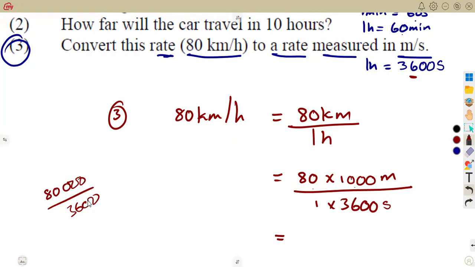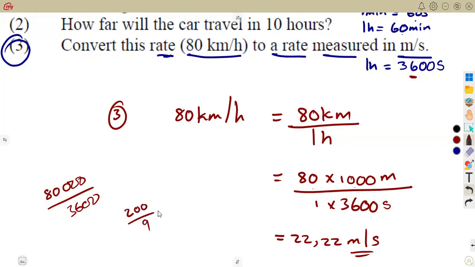That was going to give us a decimal, 22.222 like that. Okay, let us just say to 2 decimal places in meters per second, or you can have it as a fraction, the way that you were obtaining it from your calculator.